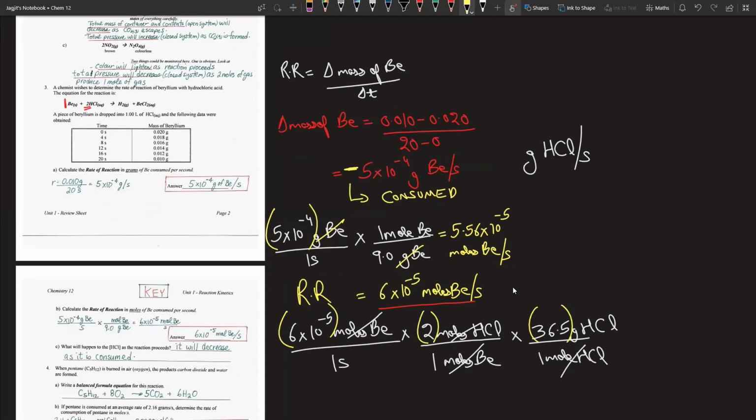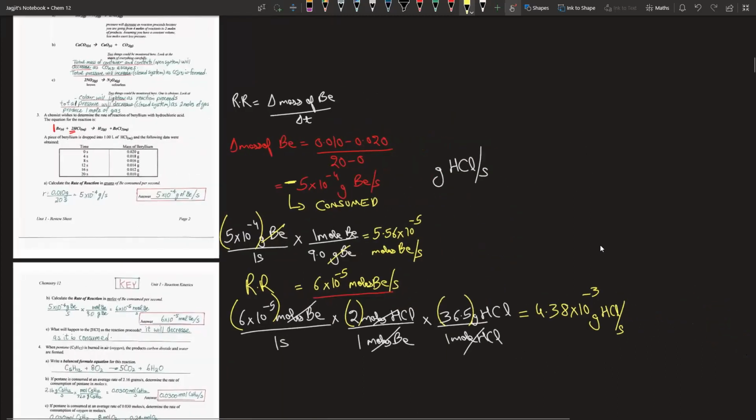So let's do that. Bracket 6 times 10 to the power minus 5, bracket close, times 2 times 36.5. That gives me 4.38 times 10 to the power minus 3, and this is grams of HCl per second. Okay?